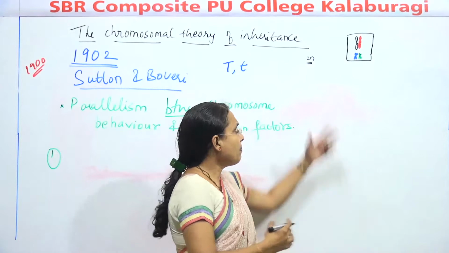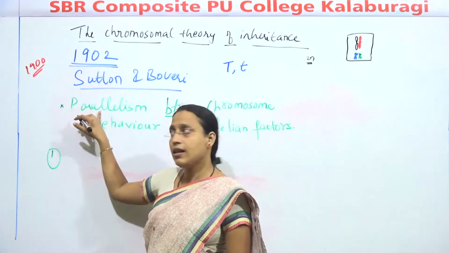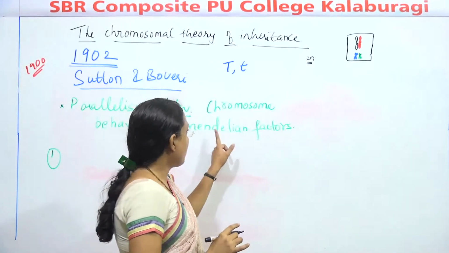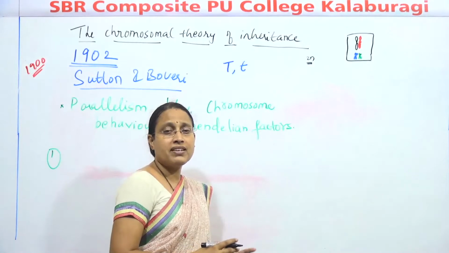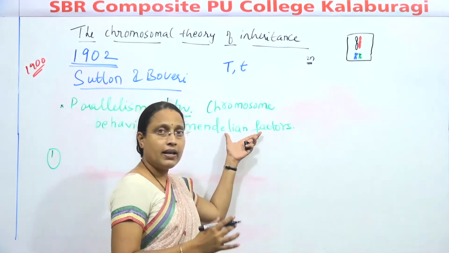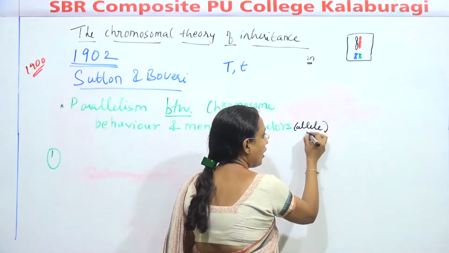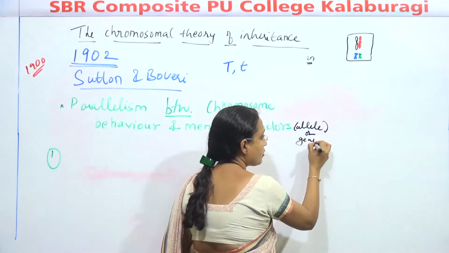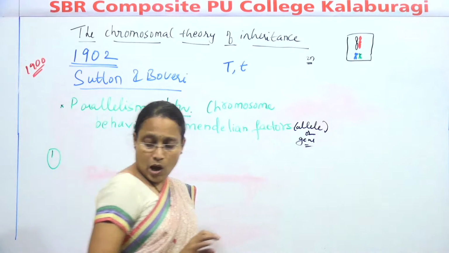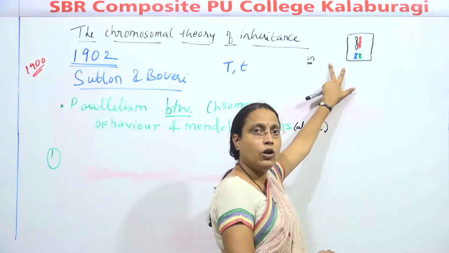So one by one, at different levels, what is the parallelism between the Mendelian factor and the chromosome here? Remember, the Mendelian factor, or any alphabetic representation that Mendel gave for a particular trait or character, is actually the Mendelian factor. Today, the Mendelian factor is called an allele.